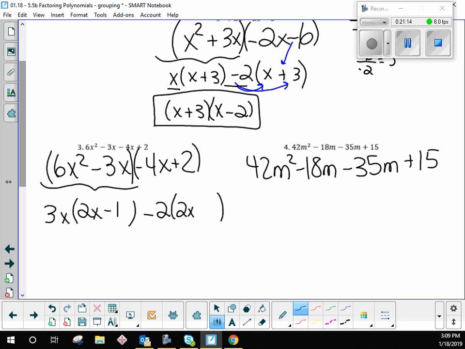And then when I go to that second term, positive 2 divided by negative 2 is negative 1. And now they both have a 2x minus 1. So their GCF is 2x minus 1. And then open up new parentheses for the leftovers. This is 3x. And what's left over here is minus 2.